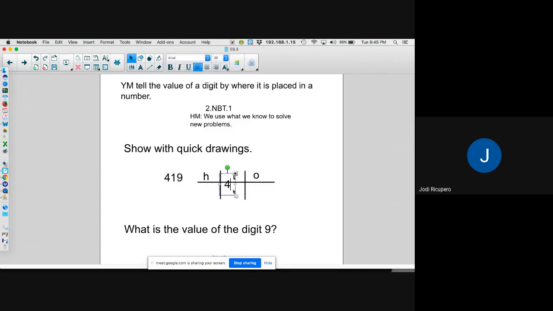Here's 4, 1, and 9. The 9 is in the ones place. That means there are 9 ones or 9.